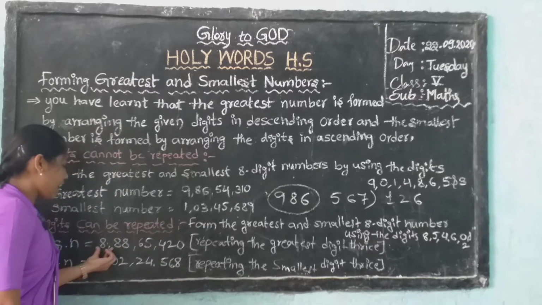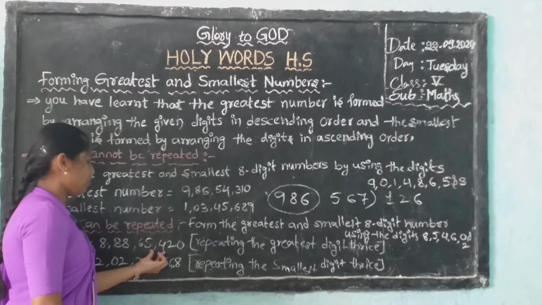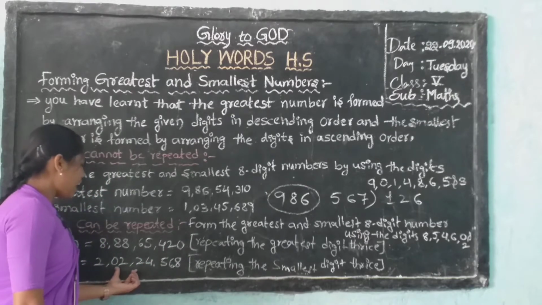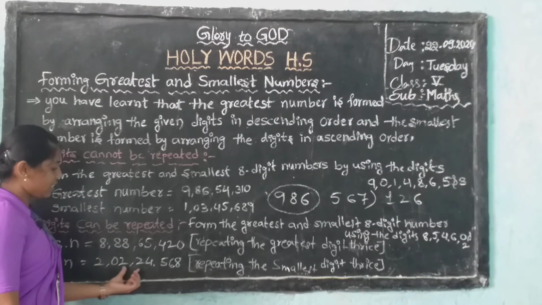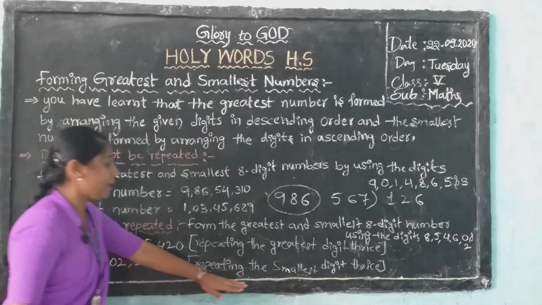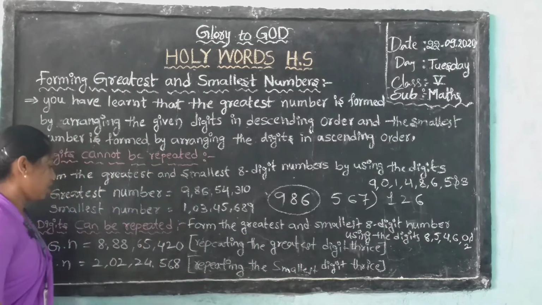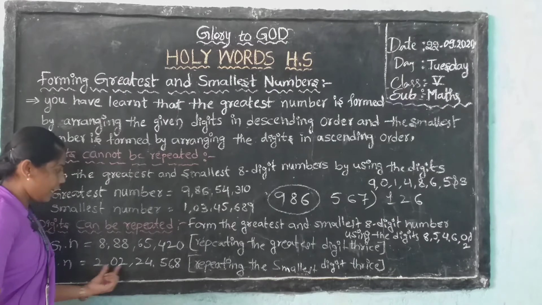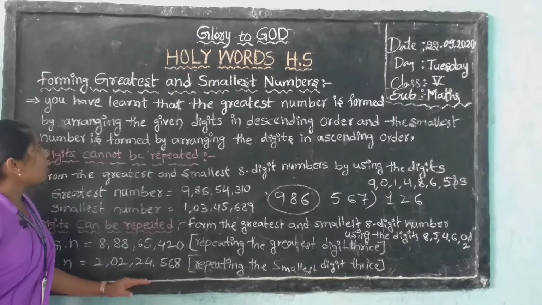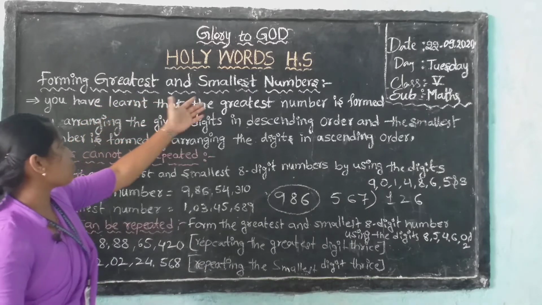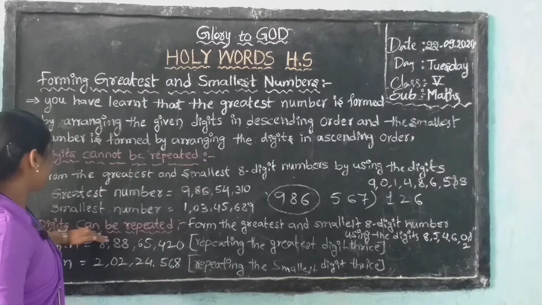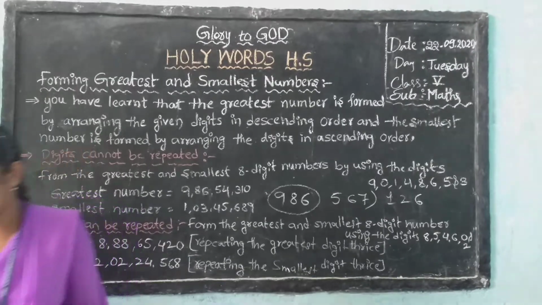So this is 8 crores, 88 lakhs, 65,420 and 2 crores, 20 lakhs, 24,568. This is how we form greatest and smallest numbers, when digits cannot be repeated and when digits can be repeated.